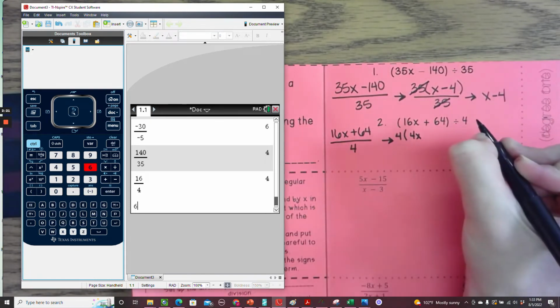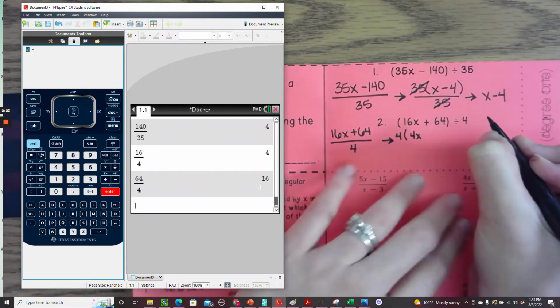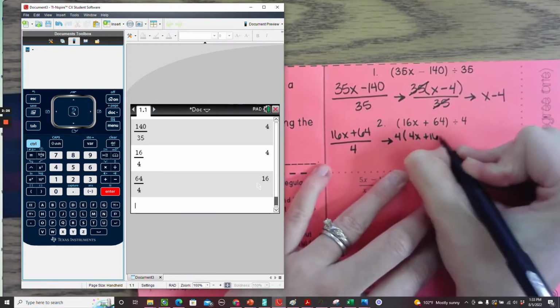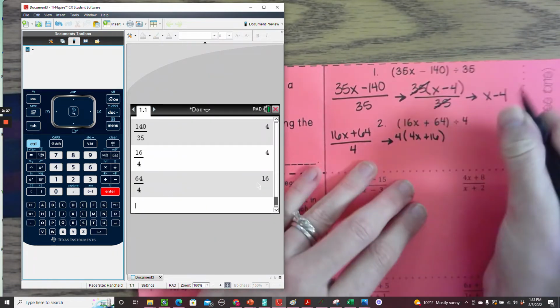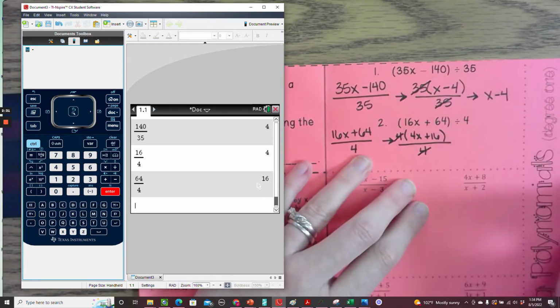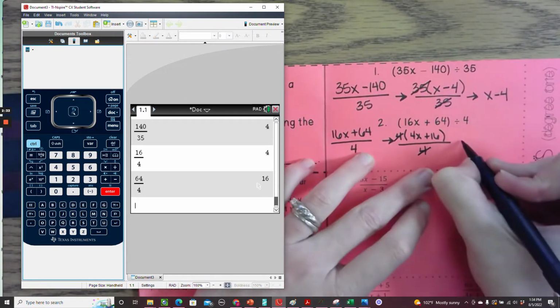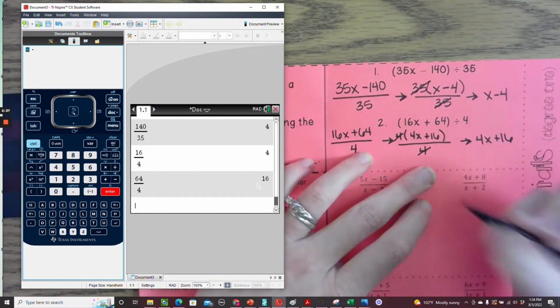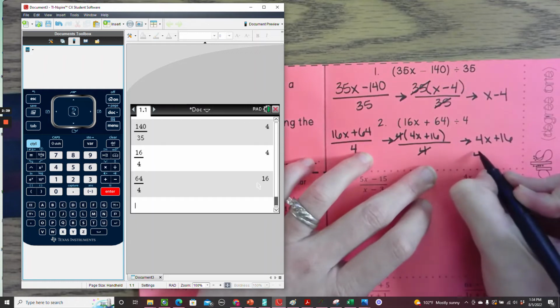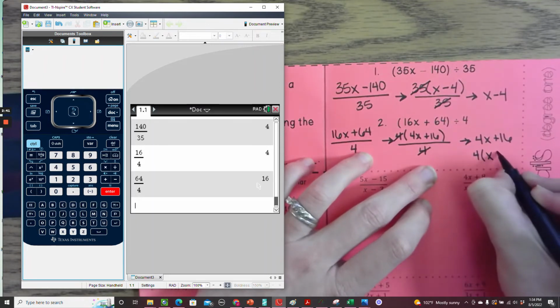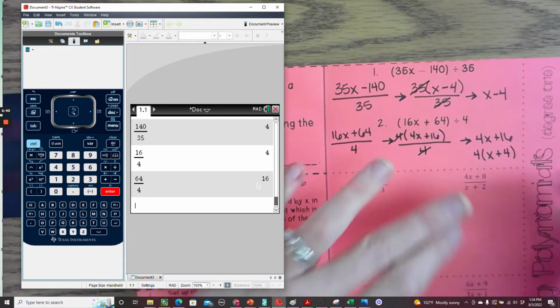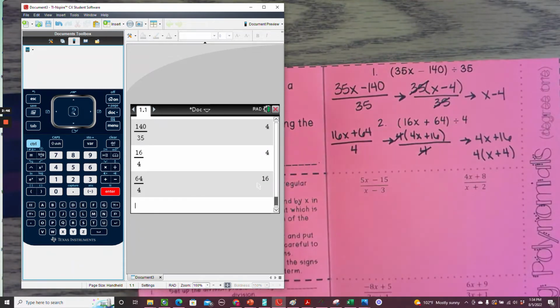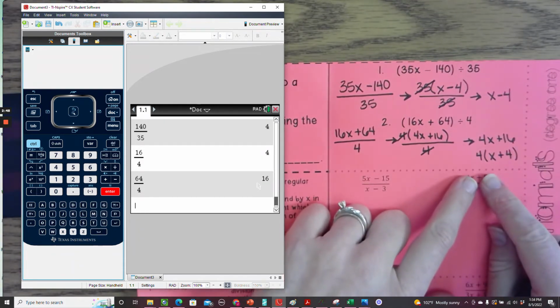Same thing here, 64 divided by 4 gives me a positive 16. Now, 4 on top and 4 on bottom cancel, and I'm left with 4x plus 16. I could factor this too, as 4 times x plus 4. I'll let you know if you need to factor further on problems.